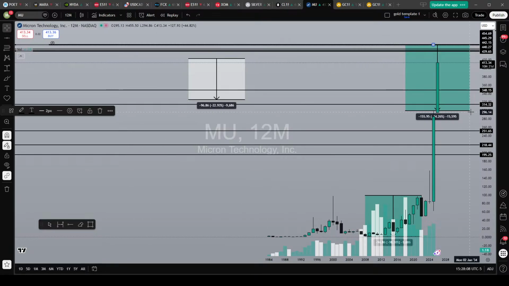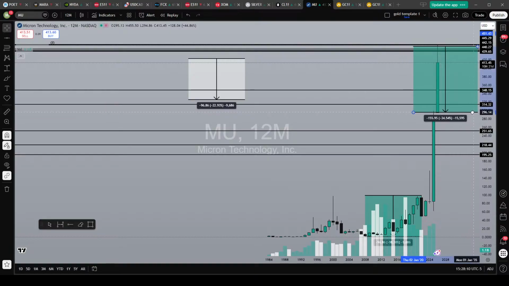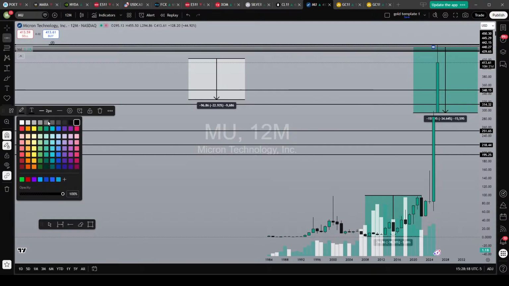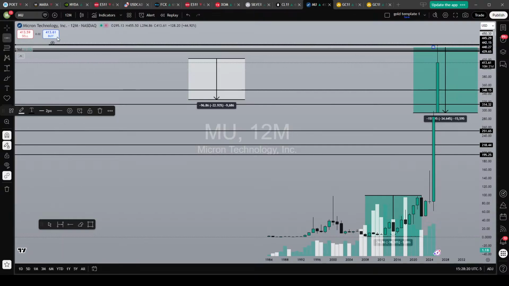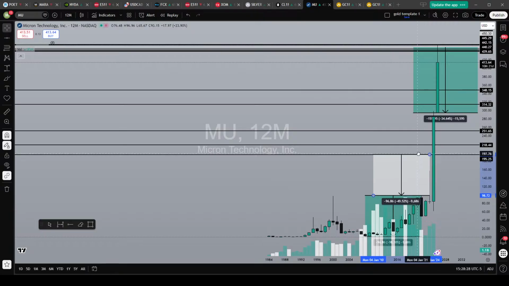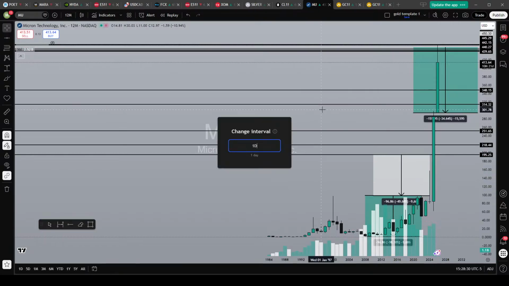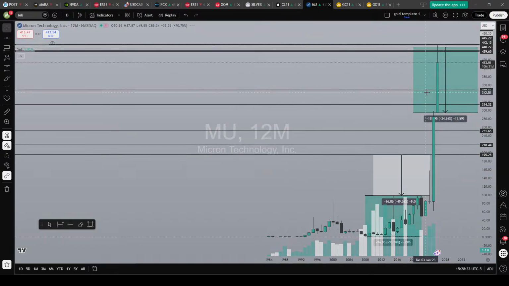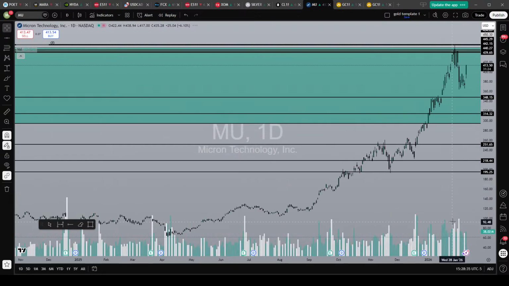Because the areas that have the most overhead are definitely close to where it hit. This is off the yearly open. Do you see that?